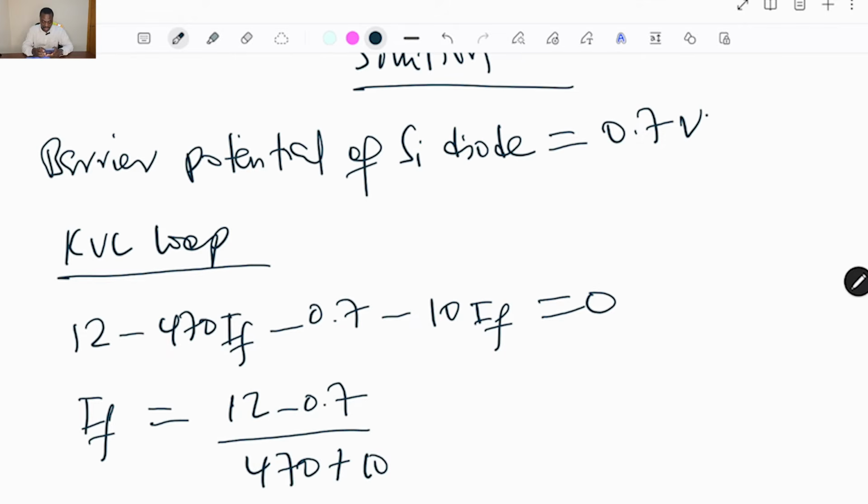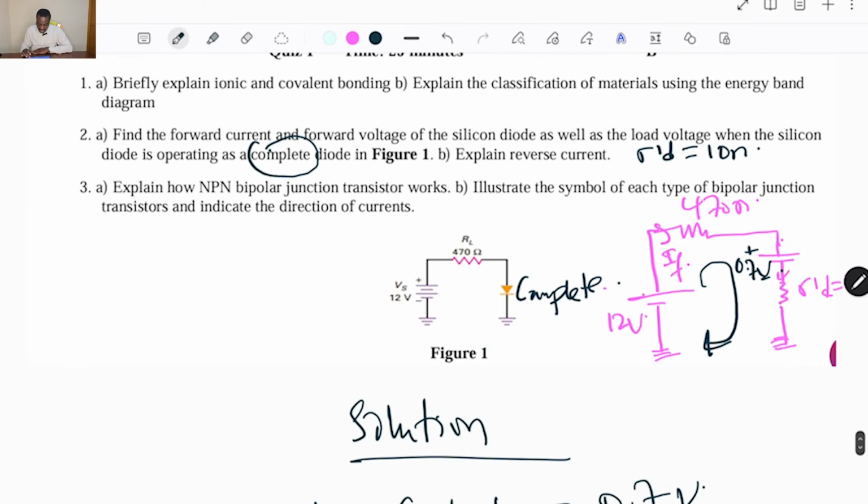So I have 12 minus 0.7 divided by 470 plus 10. So we have 11.99, which is just like 12, so you make it 12.